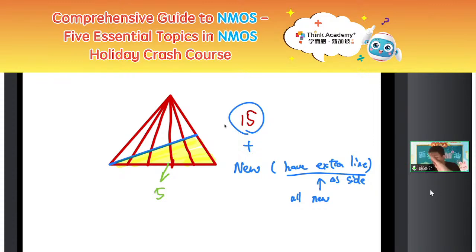You'll see that the top part is once again something that we have already done, right? So this is 15. So I get 15 plus 5 equals 20 new triangles, and together with the 15 triangles that I already have, I have 35 triangles in total.